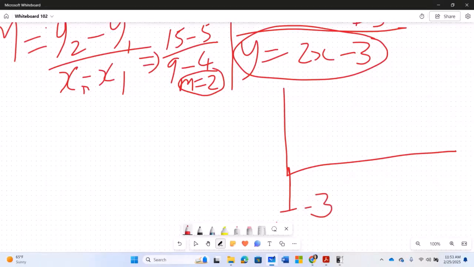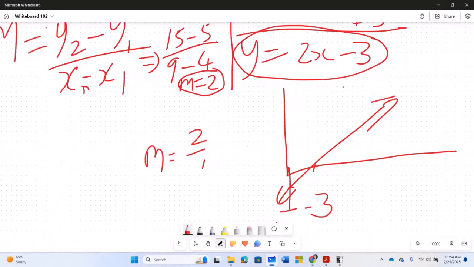So I am going to go up. Look at the slope here. The slope is 2, so 2 over 1, that is the slope. So from here, I'll go up 2 and over 1, up 2 and over 1.